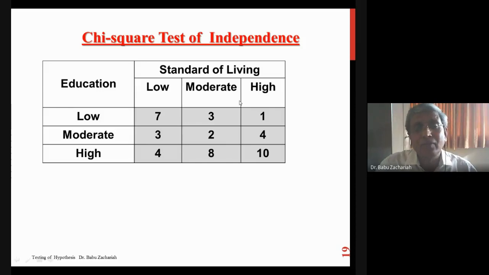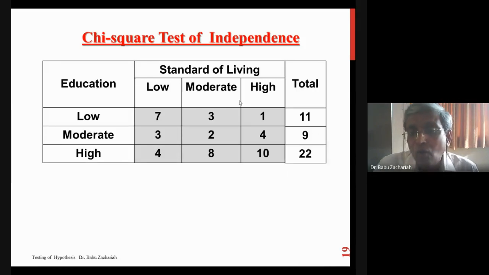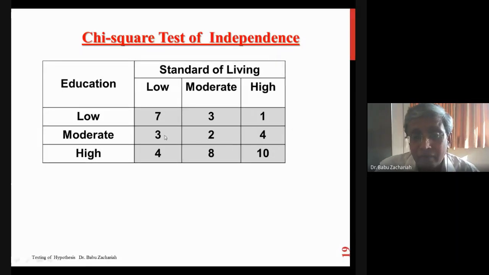This is the bivariate frequency table. This data we need to obtain. After that, get the row totals. So here I obtain the row totals. Whatever is in the gray cells, they are the observed frequencies. Observed frequency has a notation, please remember.